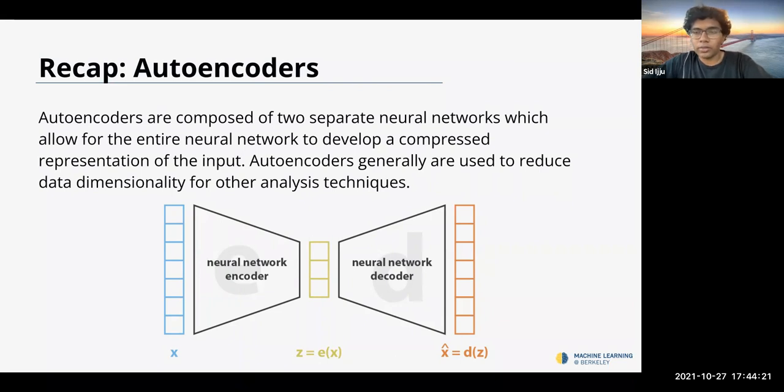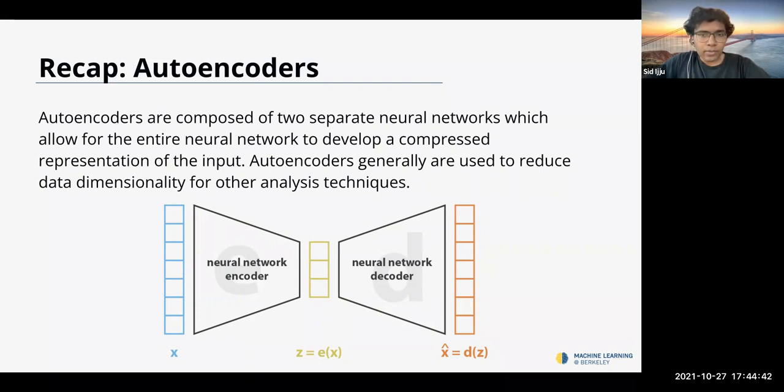In recommendation systems in particular, they're used to reduce data dimensionality for other analysis. This will be particularly important for a discussion on GANs, which I'll get into later. It's a good reminder that you can have a neural network that is composed of 2 different components.